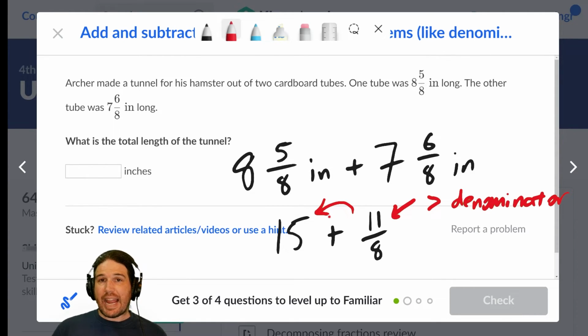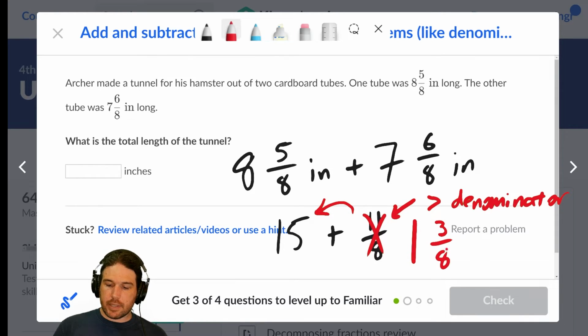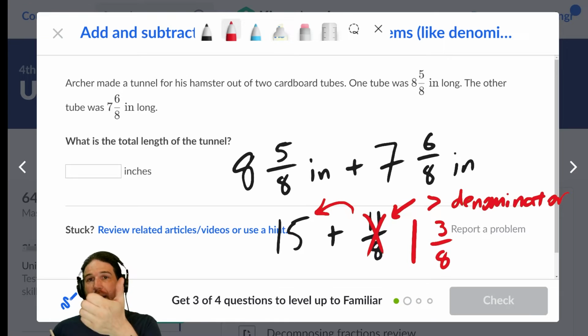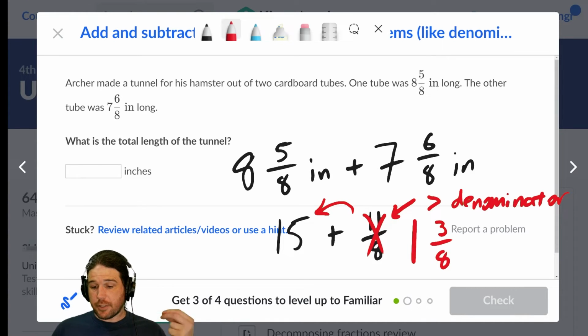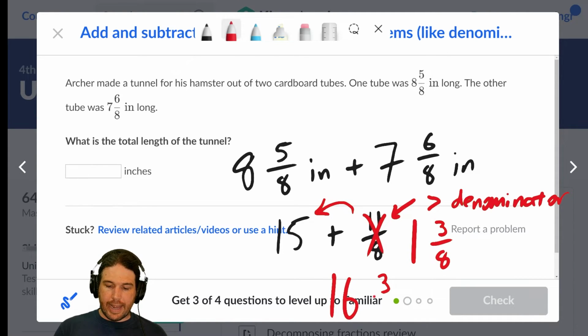So 11/8, well, let's see. 16 is too much, so instead of 15 and 11/8, I could call that 1 3/8. If I take 8 of the 8ths out to make 1, then 11, 10, 9, 8, 7, 6, 5, 4, 3. I've got 3/8 left over. 15 and 1 is 16, so my total answer is 16 3/8.